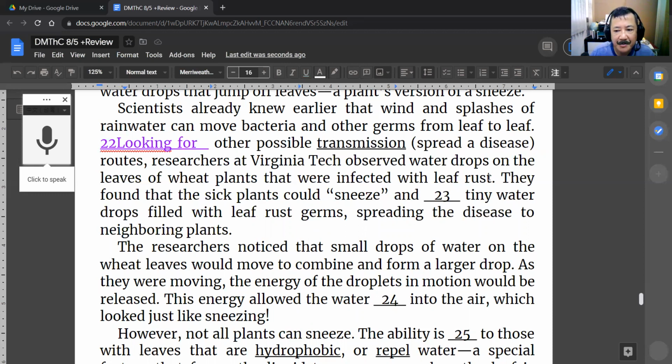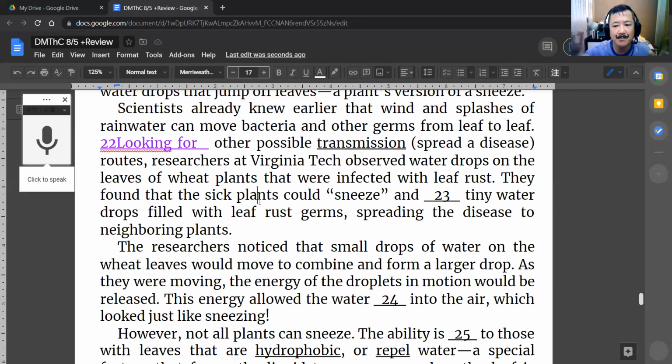Okay, so they found that the sick plants could sneeze and some tiny water drops filled with leaf rust germs, spreading the disease to neighboring plants. So they found that plants that are sick can sneeze. And when you sneeze, right? It could sneeze and do what?